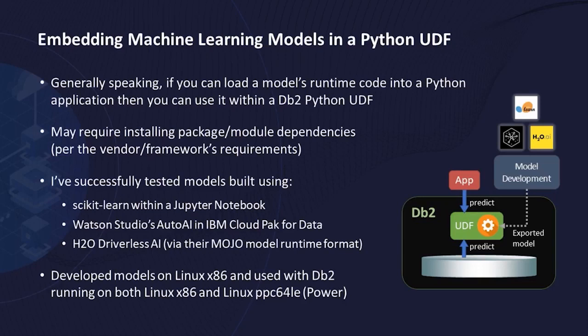It's certainly possible, though, that some model representations might not work cross-platform like that. I don't know. I can only talk to what I tested. And with these three different scenarios, I was able to do this kind of cross-platform development and deploy.